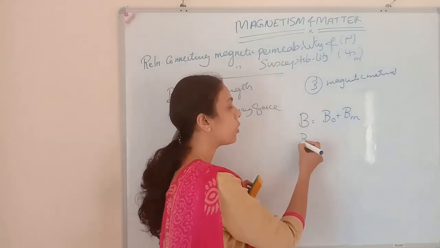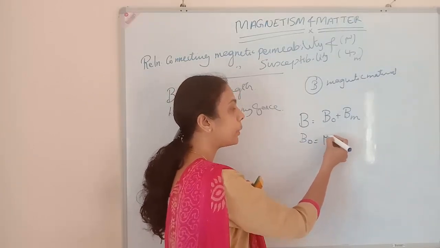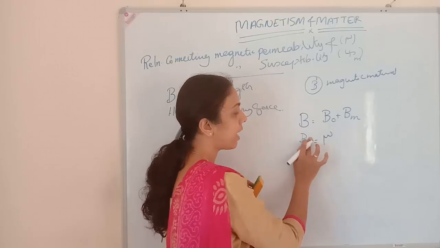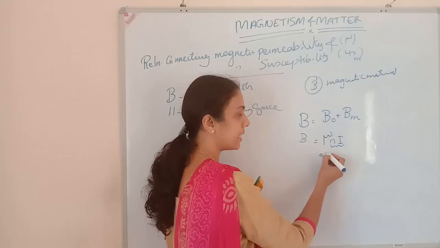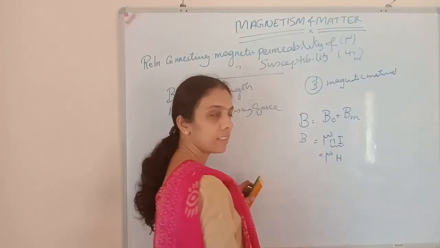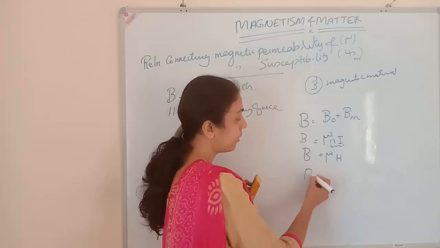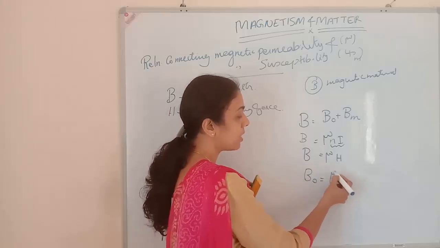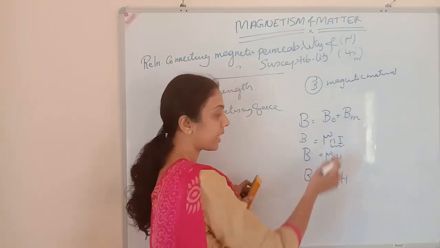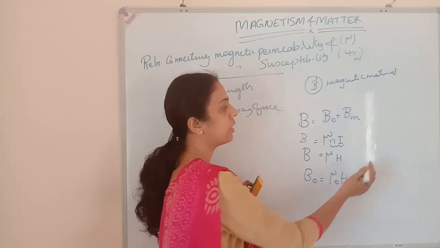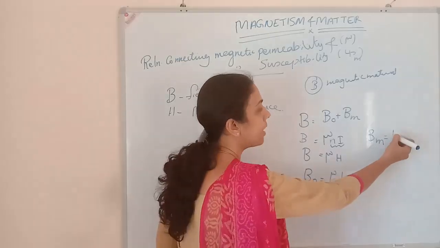So B0, how can we write it? That will be equal to mu into H. In the last class we wrote B equals mu into NI, and this NI we can write as H. You are remembering, right? B equals mu into H. Therefore we can write B0 equals mu 0 into H. Now Bm, how can we write it?